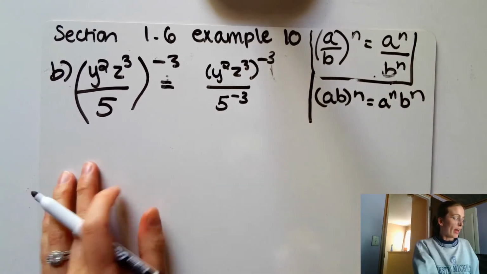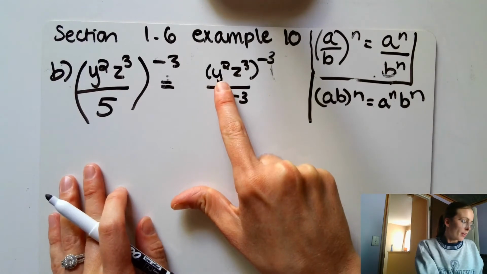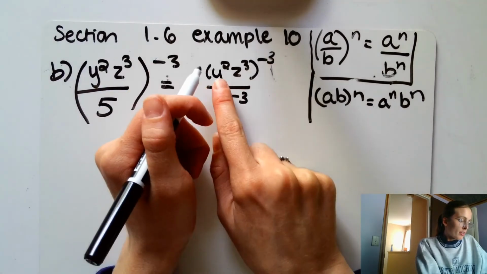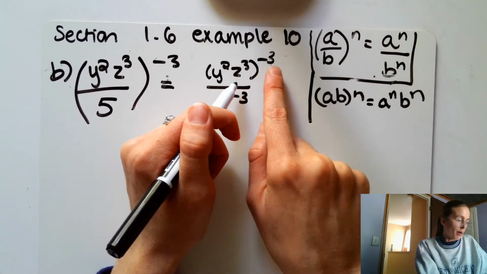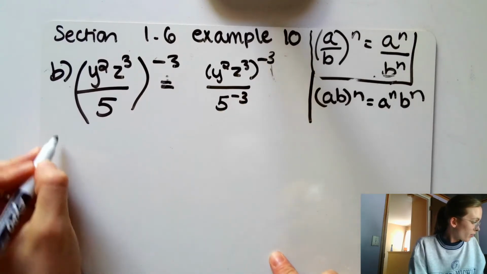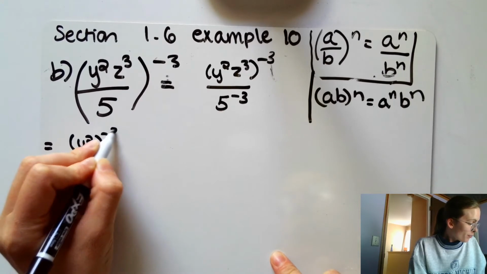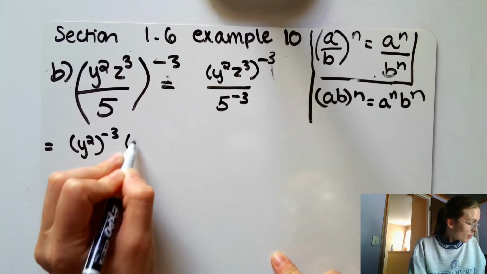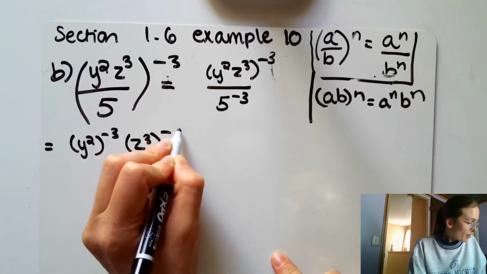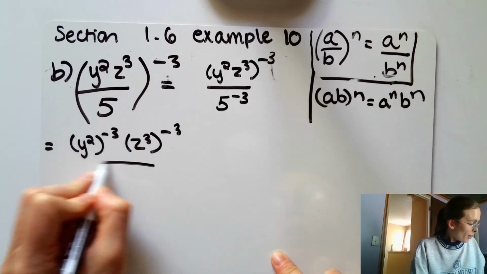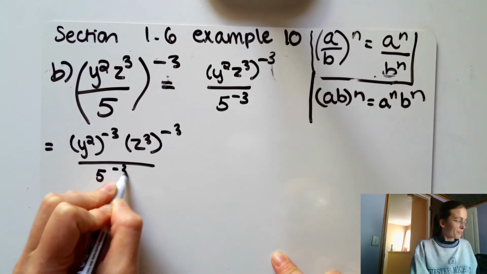We need to use that here because we've got something times something to a power. So then this becomes y squared to negative 3 times z cubed to the negative 3, all divided by 5 to the negative 3.